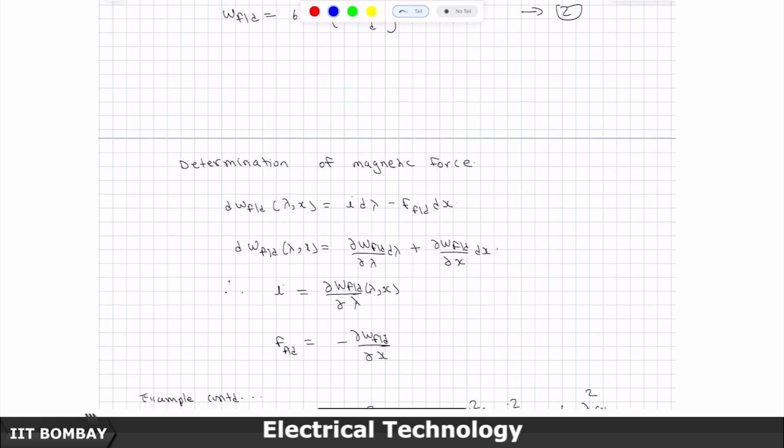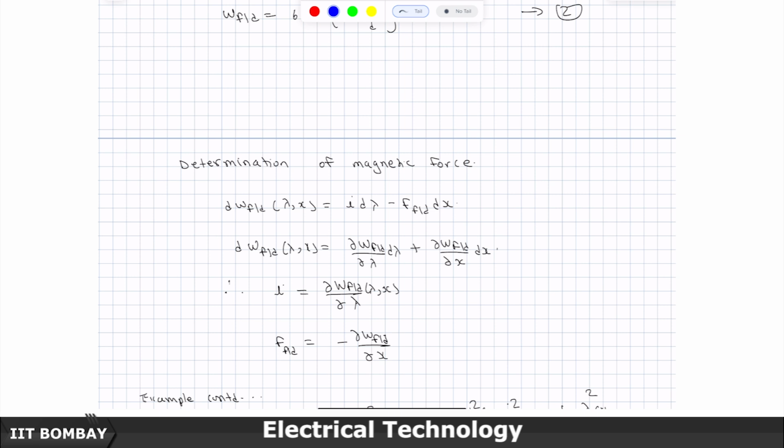Now, this is a function of lambda and x; we have already seen that the stored field energy is a function of lambda and x, and lambda and x are my two independent variables. Lambda I am able to control by using my source, and x also I am able to independently control.